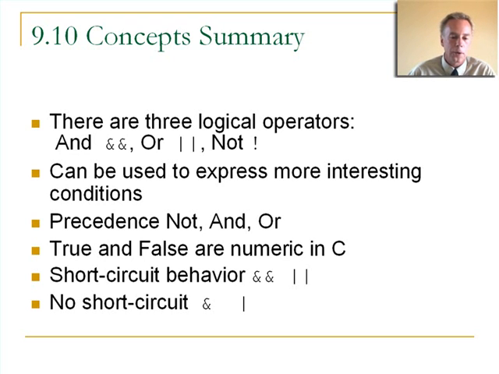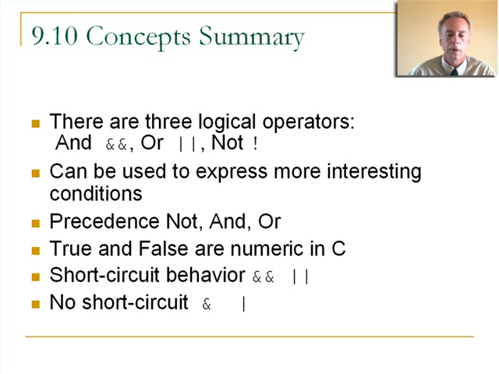The precedence order for the logical operators is: the not comes first, and then the and, then the or. We looked at true and false values in C, and we recognize now that C uses numerics for representing true and false. 0 is false, non-zero is true.